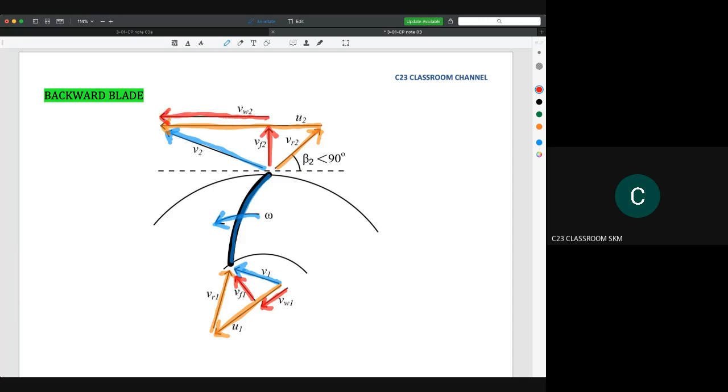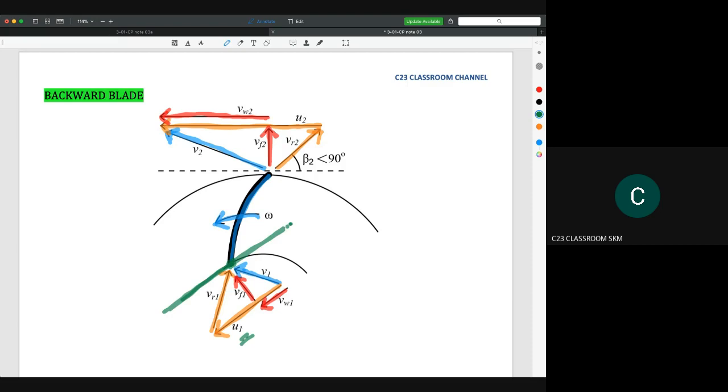If you want to draw the velocity component of U, please make sure the rule of thumb is that it must be in the tangential direction. So this is the tangent for this point. The U2 here must be parallel with the tangent line here.